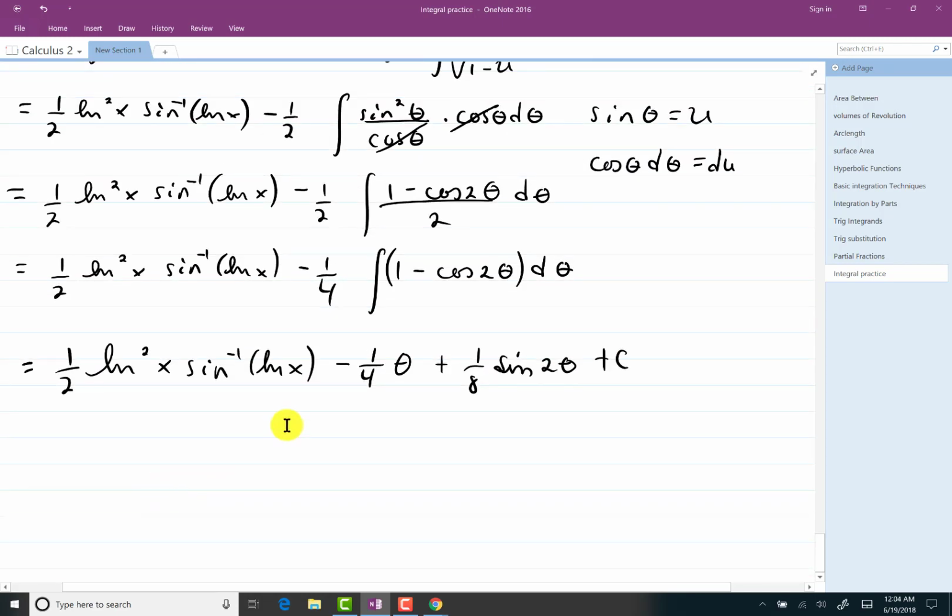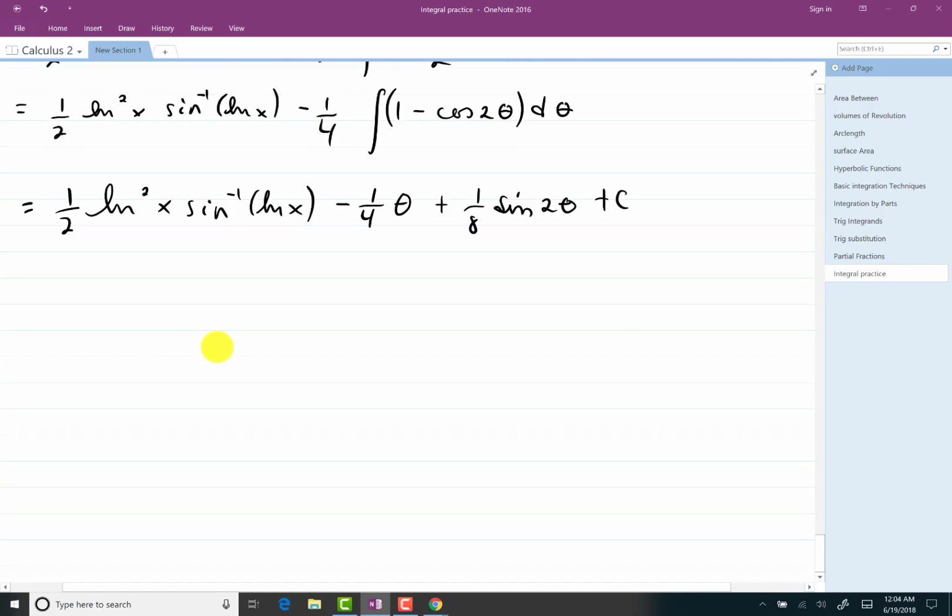Theta, if I'm not mistaken, is arc sine of u. So I have 1/2 ln squared x arc sine of ln x minus 1/4 arc sine of u plus 1/4 sine theta cosine theta.